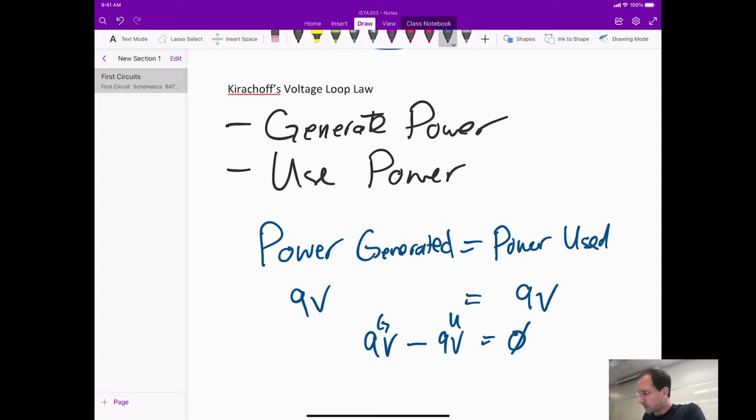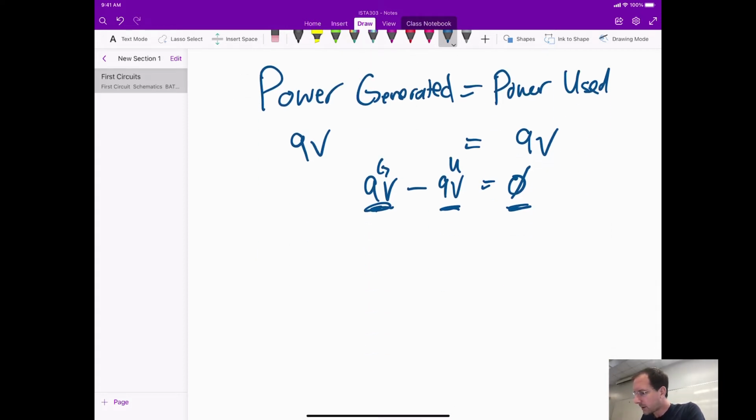Essentially here what we're trying to do is we're trying to make the voltage sum, the sum of generated and the sum of used, be equal to 0. And so in our simple circuits where we have our battery, this is a terrible battery. Have to have some standards here.